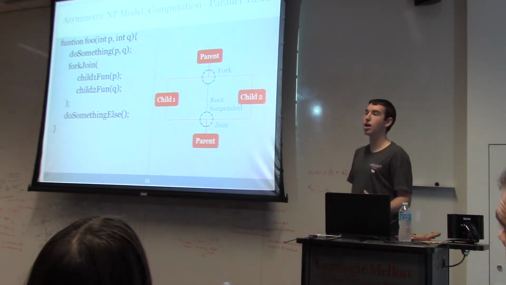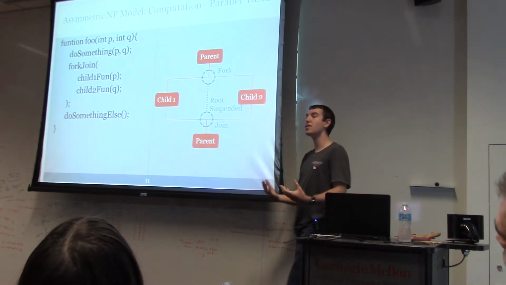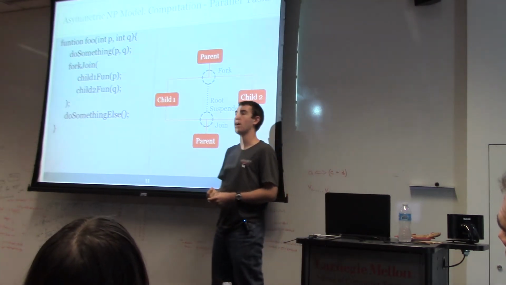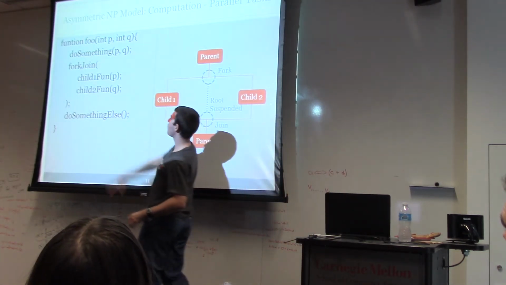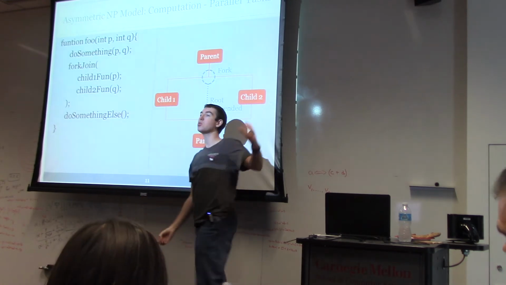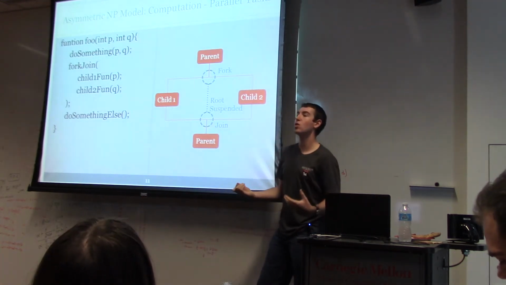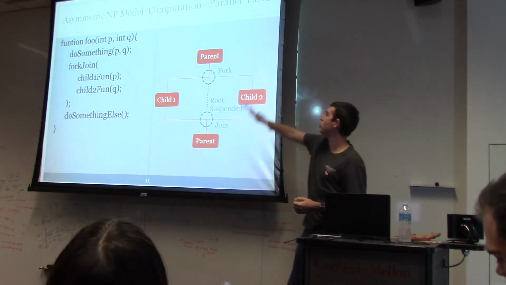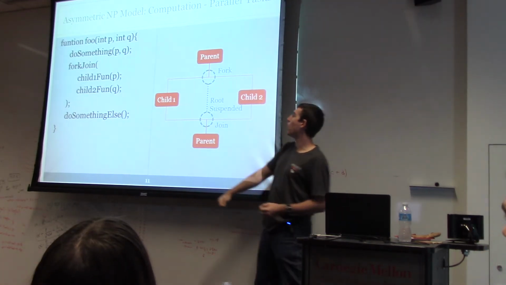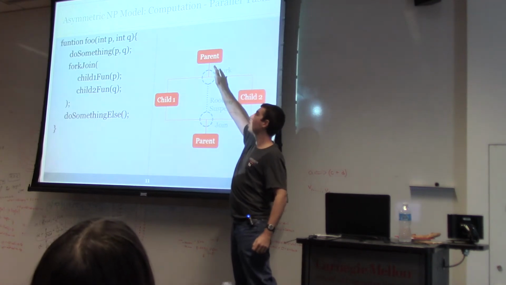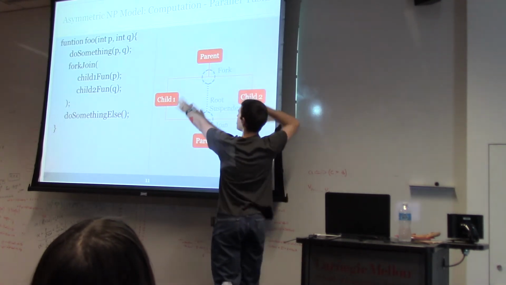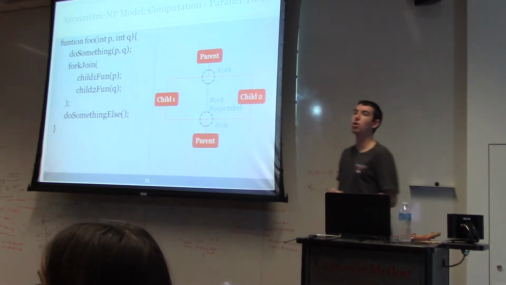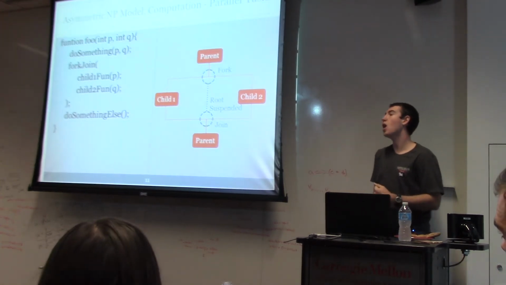When you have parallel computation, you create that parallelism using a fork join construct, where you say fork join with 2 snippets of code, and those snippets of code are run in parallel. So when you convert that to your DAG representation, you have your parent node, which splits into 2 child nodes that are on the same level of the DAG.